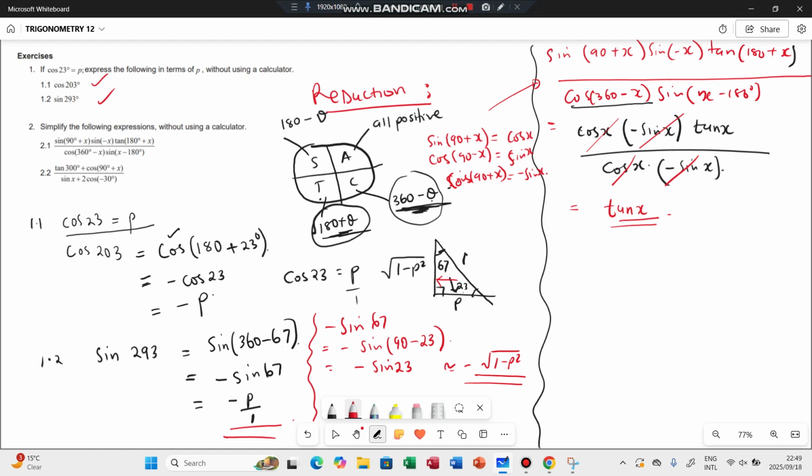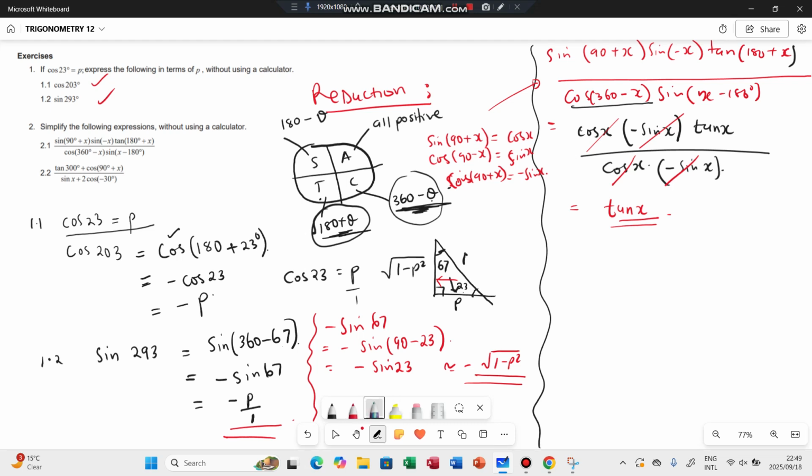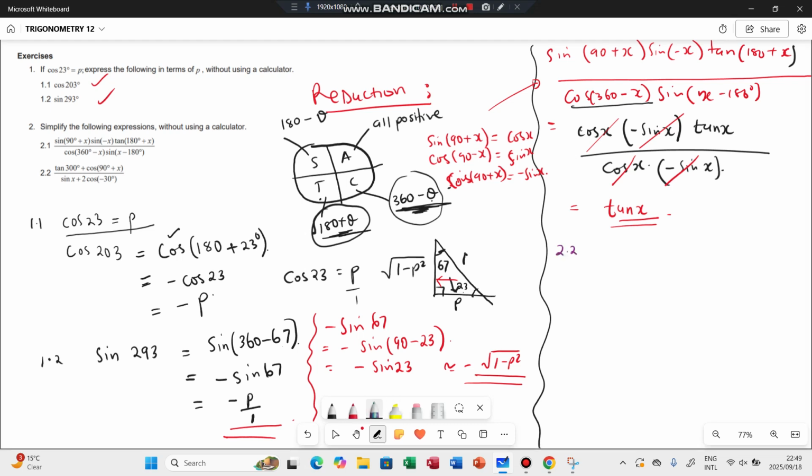If we go to question 2.2, which says tan of 300 plus cos of 90 plus x divided by sine of x plus 2 cos of negative 30. We know from reduction that tan of 300, when we reduce it, becomes tan of 360 minus 60.